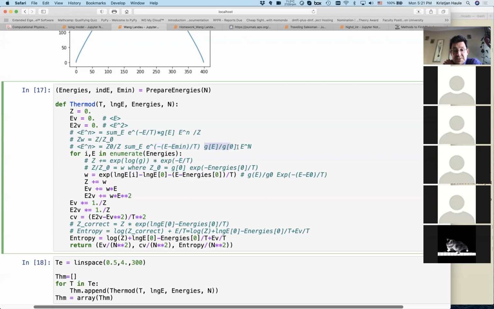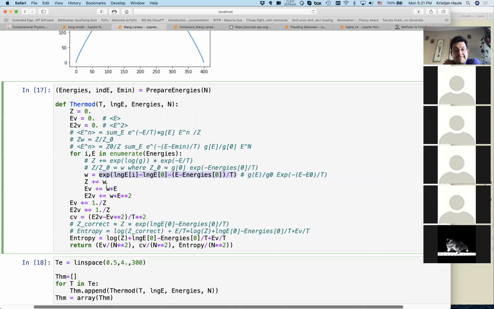So basically this ratio is exactly the same as this exponent of log G(E) minus log G0. And then we also need to add in the exponent E minus E min, isn't it? This is E minus the energy of the ground state divided by T, okay? So basically this entire expression up to here is encoded in W.